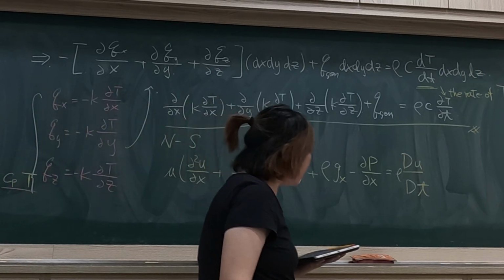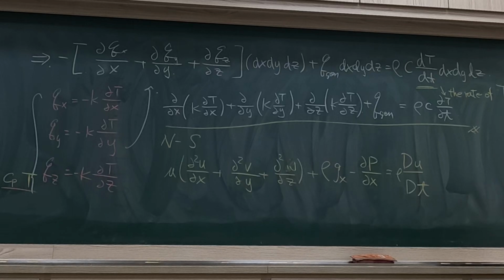equation. It will be 3D. Of course, we derive it in 3D, and this is unsteady. So either the k or the temperature propagates at different positions at a different speed, and there's a variation in terms of time.